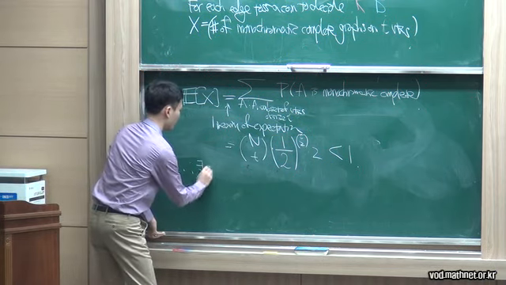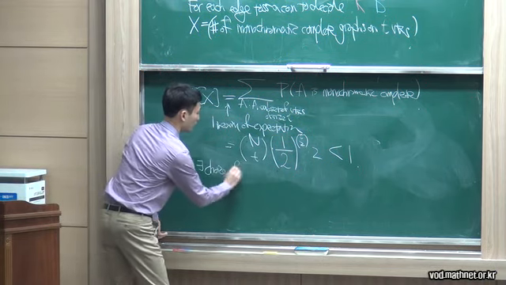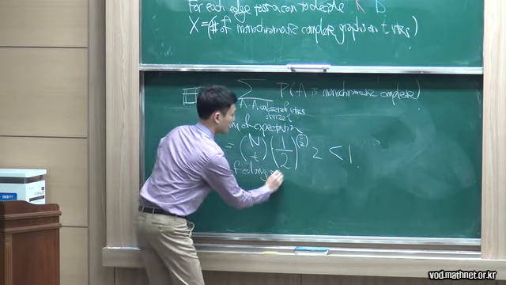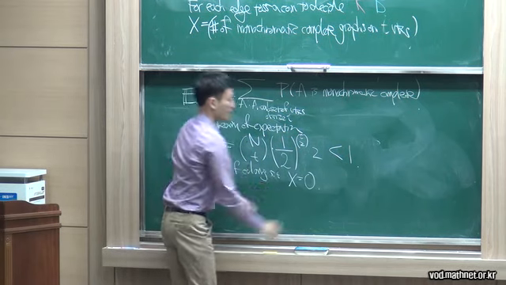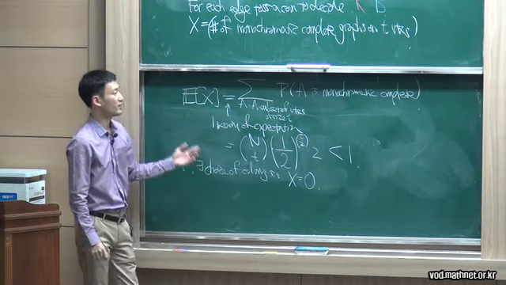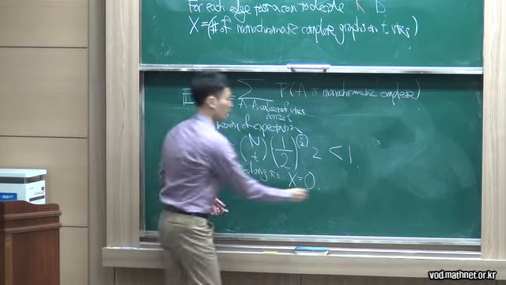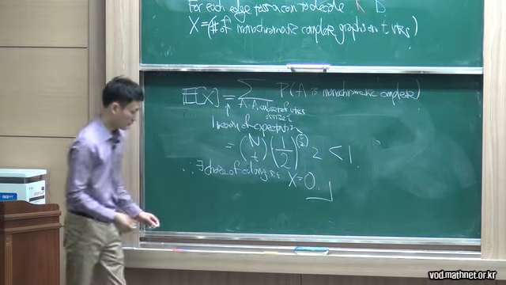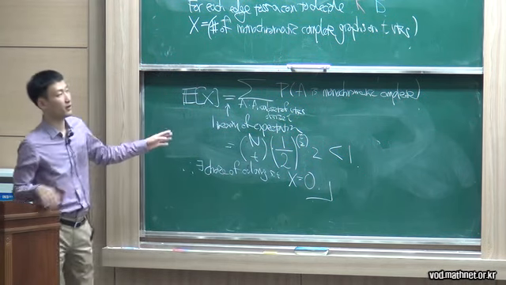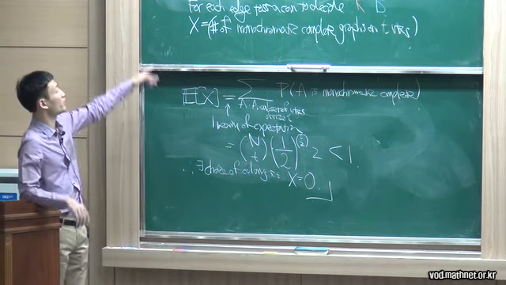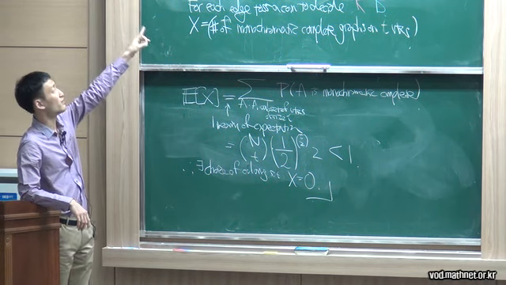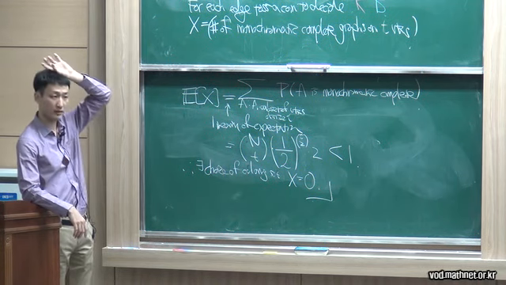Therefore, there exists a choice of coloring such that x is equal to 0, meaning that it does not contain a red or blue complete graph on T vertices. And that's it. So this is a really beautiful argument, such a simple argument, giving the correct behavior of the Ramsey number of complete graphs.